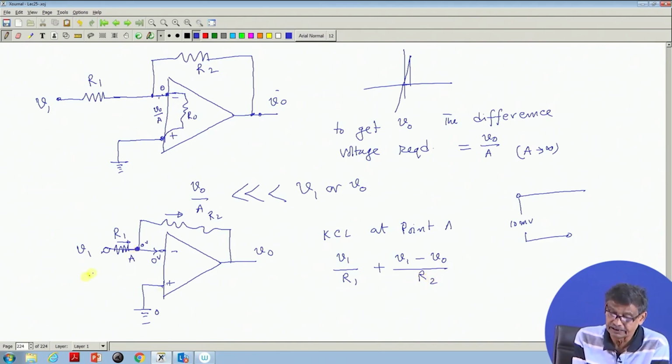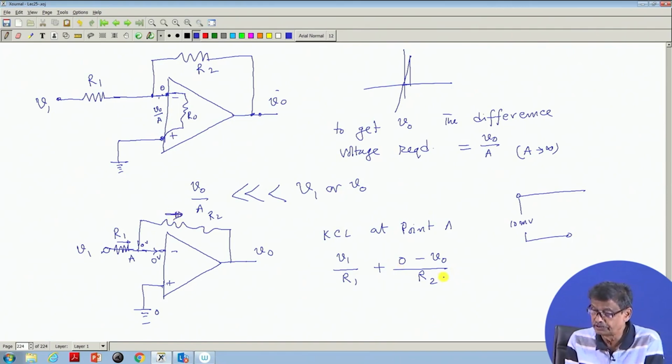KCL at this point A: V1 by R1, and the current in this branch, I am sorry, how much will this be? Potential difference between these two will be 0 minus V naught, with this potential being 0, and the current direction this way I am calculating.